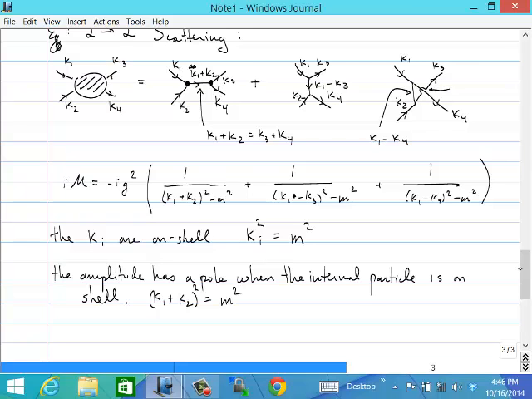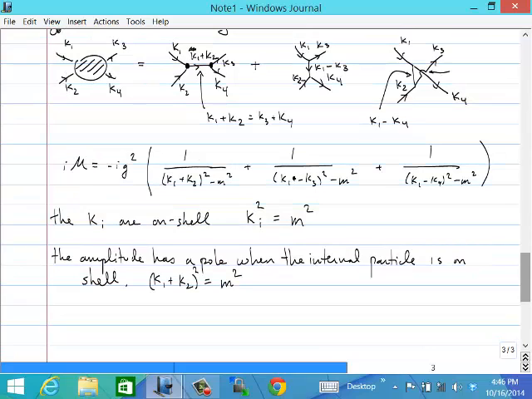So when we study the properties of two-particle to two-particle scattering, it's important to notice that many of the degrees of freedom on which this amplitude depends are in fact completely fixed by the principles of momentum conservation and energy conservation. Okay.